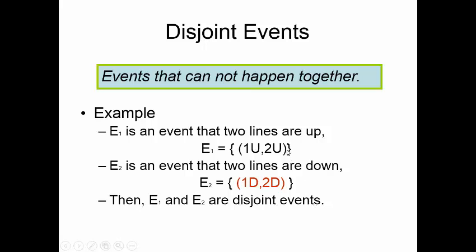You see that the intersection of this and this is null. There is no state which is common to them. Disjoint events, as you will see later on, play an important role in the calculation of probabilities.